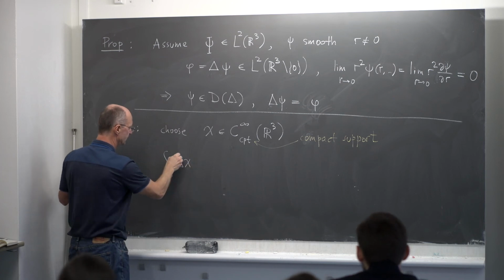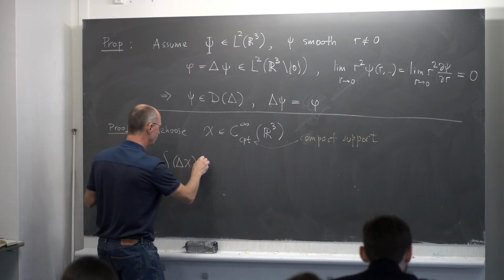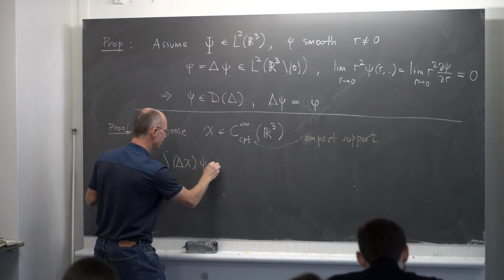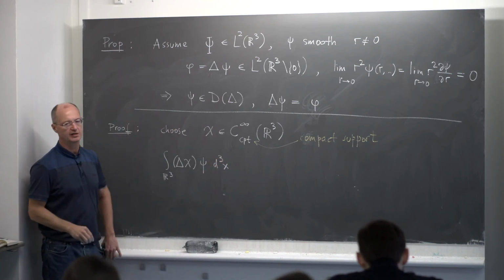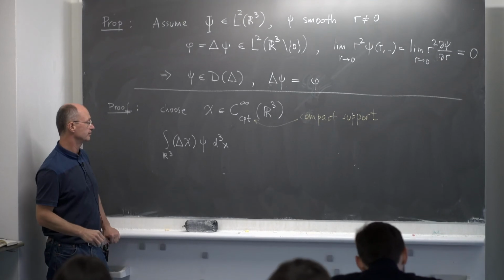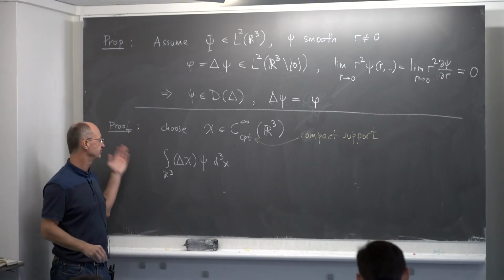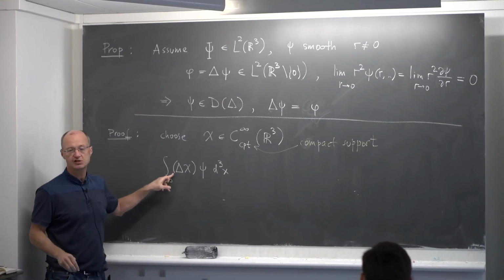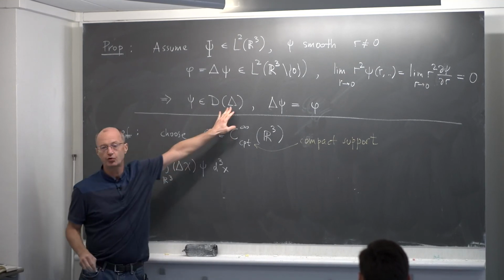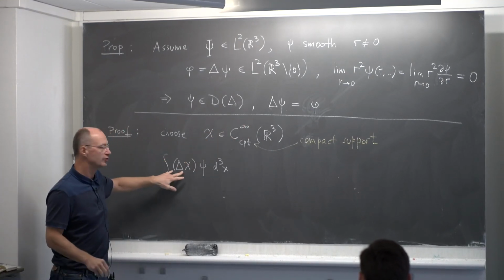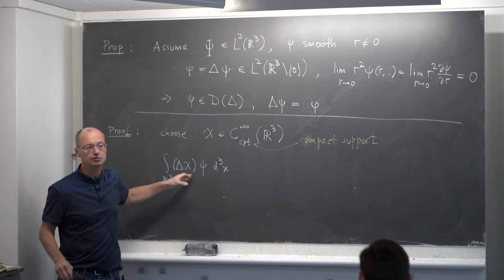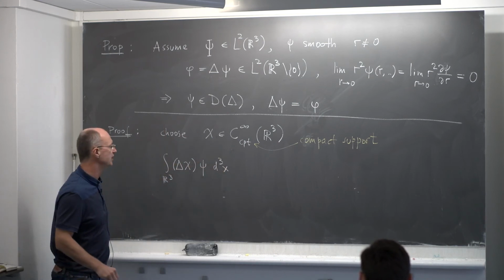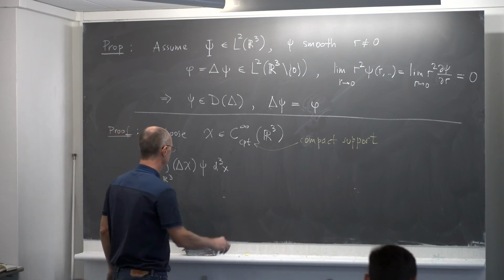I take the Laplacian of chi and multiply it by psi and integrate over R3. So this is all well defined, right? This guy is a compactly supported function on R3, so it's in L2, and psi is in L2, so this is a well-defined quantity.